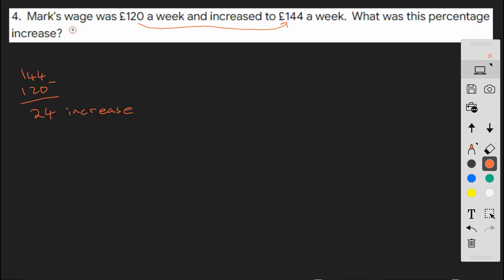Well, the important thing is it's a percentage of the original amount. Okay, so it's not about where you end up, it's about where you start. So what we're after is 24 out of 120, which we want to express as a percentage.